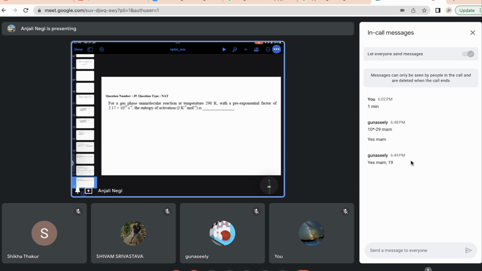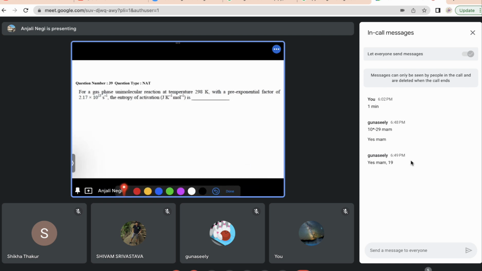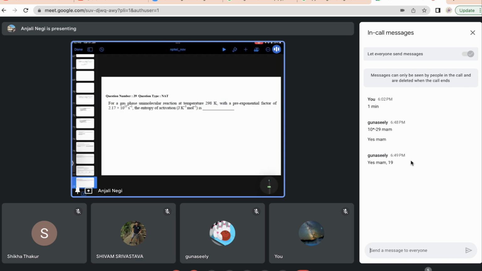And this is another problem, a gas phase unimolecular reaction at temperature, that is room temperature, with the pre-exponential factor given. The entropy of activation is... So try this one out also. If you are not able to do it, then you can mail me.